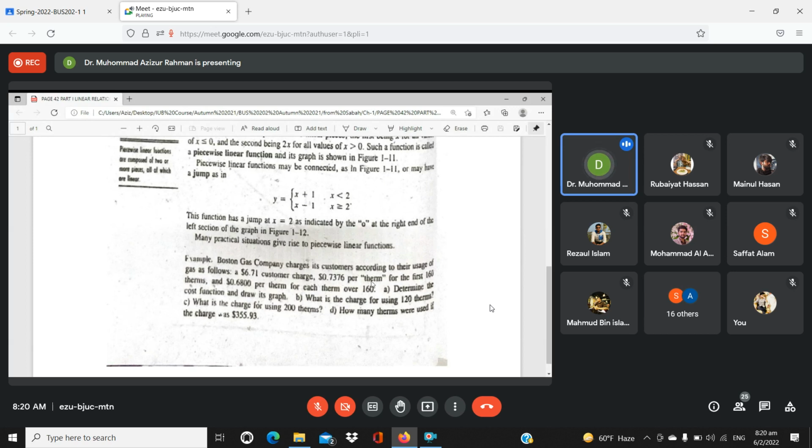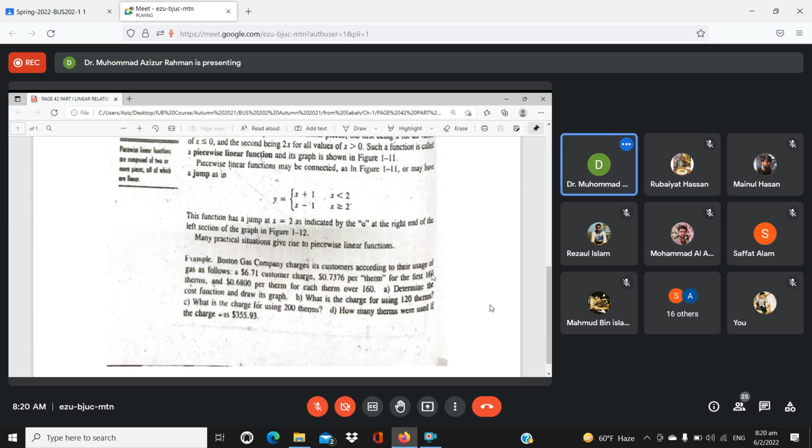If your consumption increases to more than 160, if consumption is over 160, then the charge changes to 0.68 per therm. So this is the condition. You have a fixed cost here, a fixed price you have to pay.